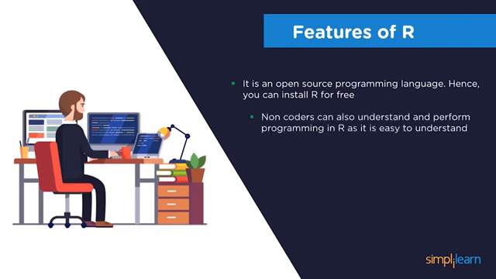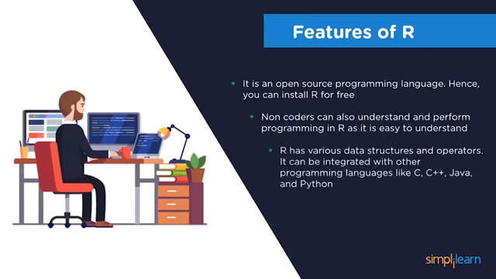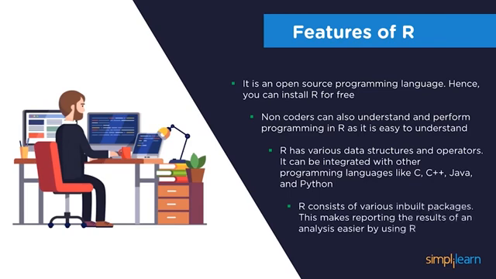Non-coders can also understand and perform programming in R as it is easy to understand, and it has various data structures and operators. It can be integrated with other programming languages like C, C++, Java, and Python. It consists of various inbuilt packages, a lot of sample data sets which can be used, and that makes reporting the results of an analysis easier by using R.